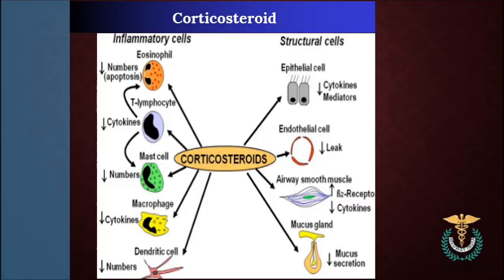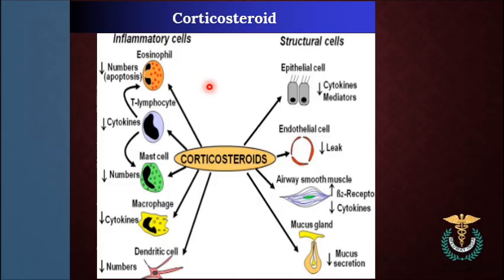So basically, the mechanism of action revolves around anti-inflammatory effects and immunosuppressive effects. As far as the mechanism of action is concerned, binding to glucocorticoid receptors is one of the points, where corticosteroids bind to glucocorticoid receptors in the cytoplasm, which triggers a cascade of events that ultimately leads to the suppression of inflammation, and there's translocation to the nucleus.